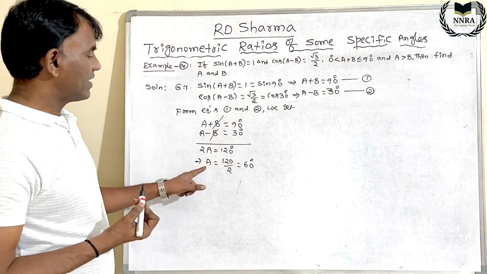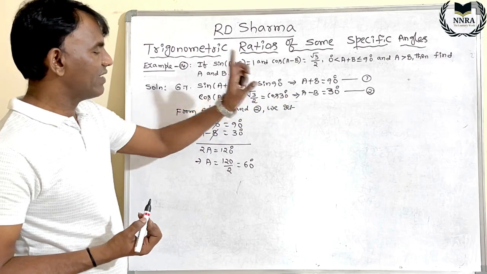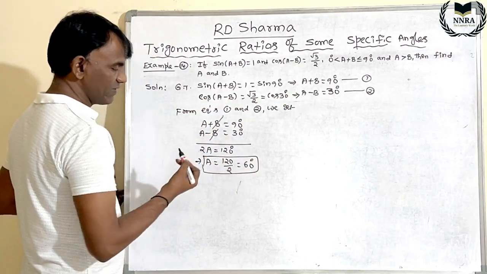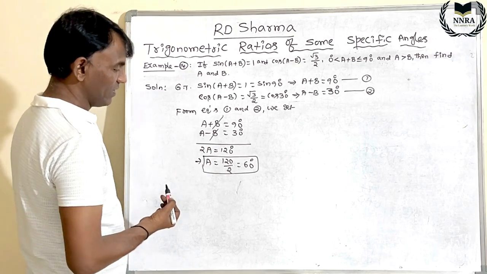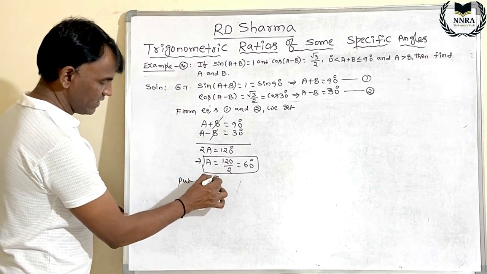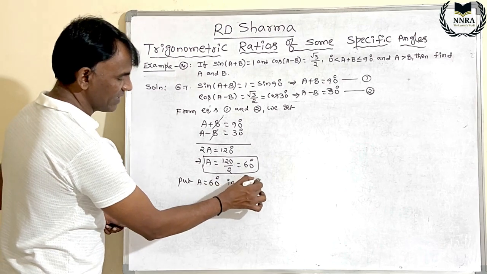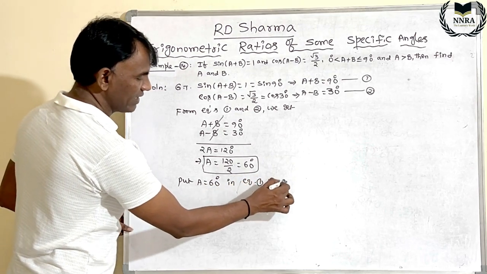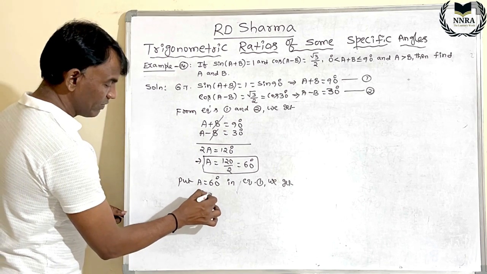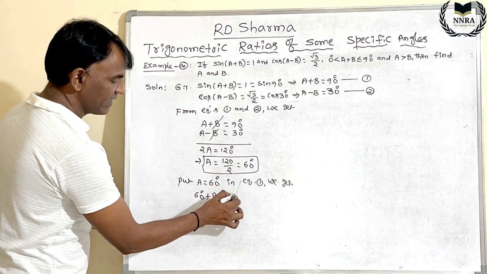Now substitute the a value either in equation 1 or in equation 2. I am substituting in equation number 1 only. So put a equal to 60 degrees in equation number 1. We get 60 degrees plus b equals 90 degrees.